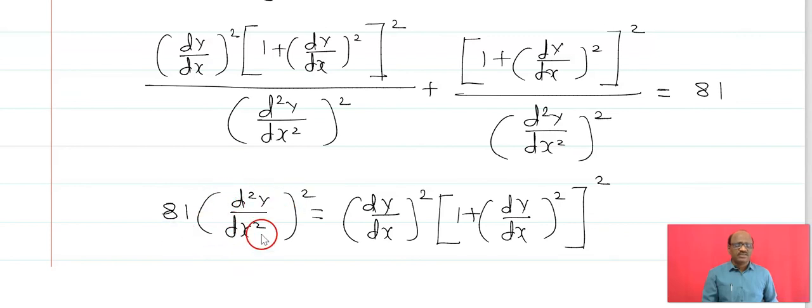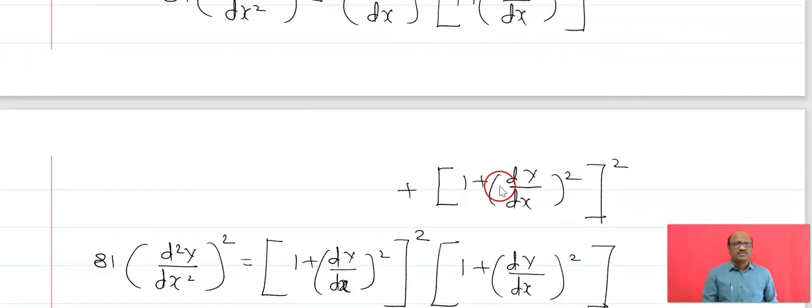into (d2y by dx square) whole square is equal to (dy by dx) whole square into (1 plus (dy by dx) whole square) whole square, plus (1 plus (dy by dx) whole square) whole square.